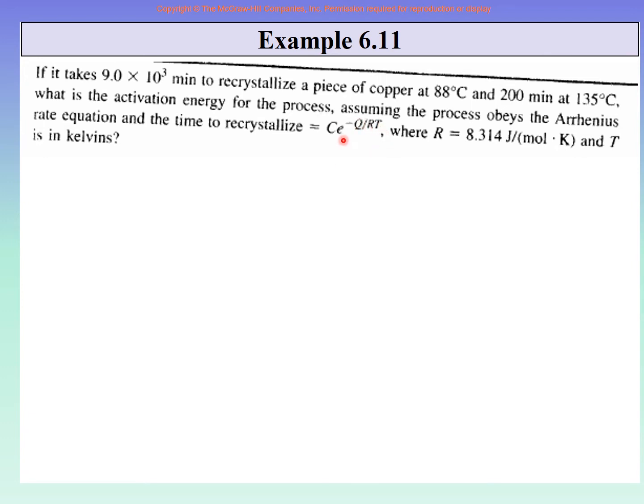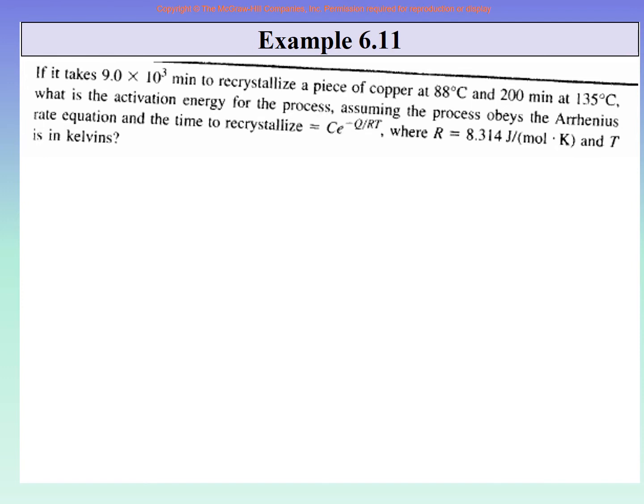And from there now e raised to some number is there. If you take natural log, ln, of the left side and you take ln of the right side, then ln and e cancel out, and then you have a normal equation, and from there you will solve it. So this is basically not a big problem in materials.